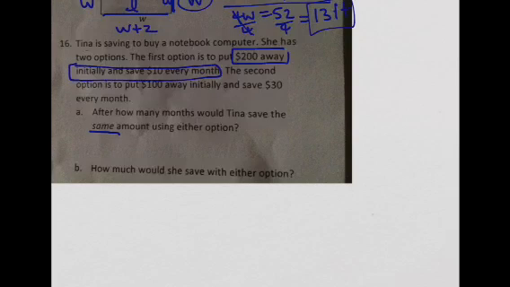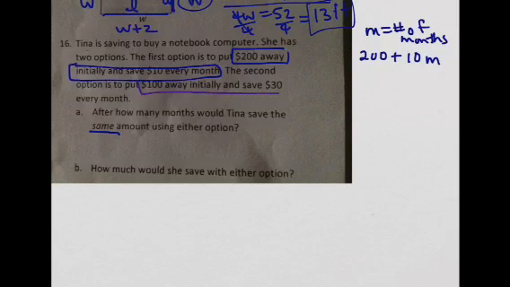So that's 200 plus $10 every month. It doesn't give you a variable, so we'll use M. M would be the number of months. In the second one, she puts away $100 and saves $30 every month, right?